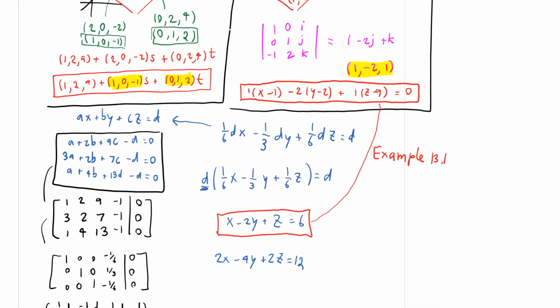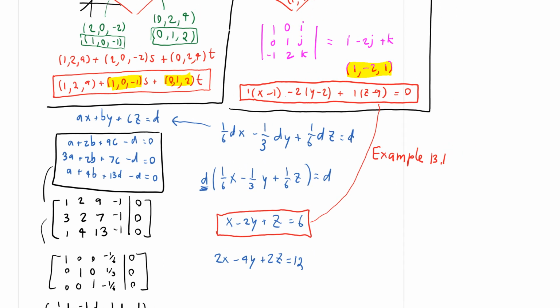We have actually seen all these vectors before, in example 6.1, which goes back to lecture 6.